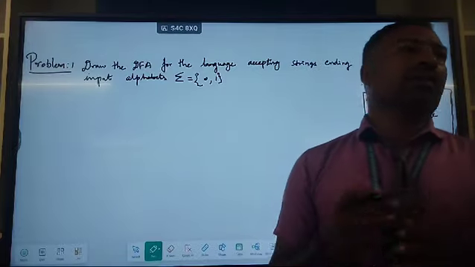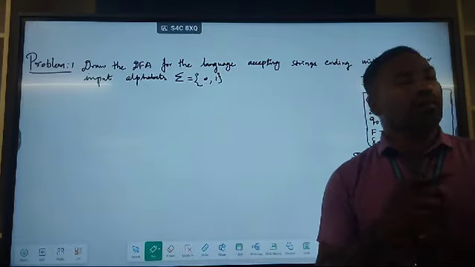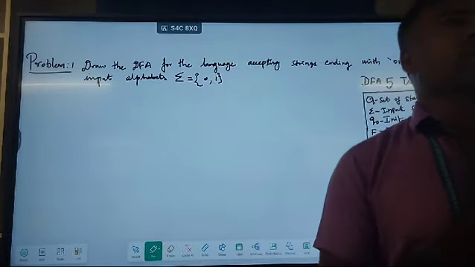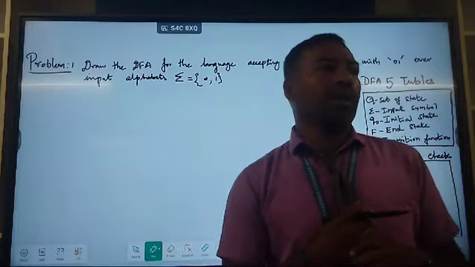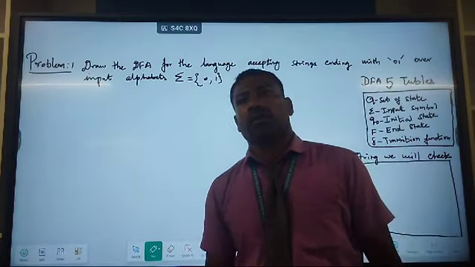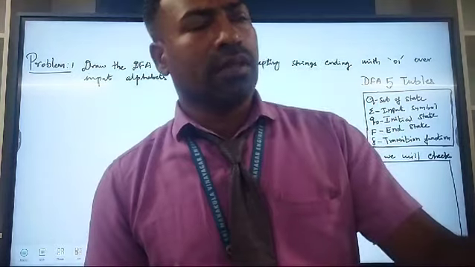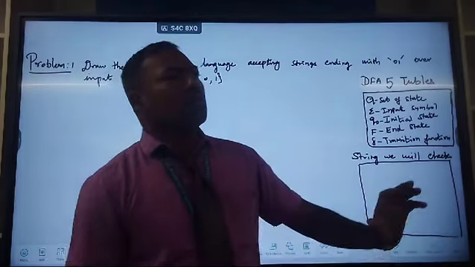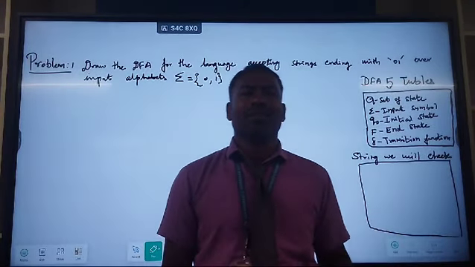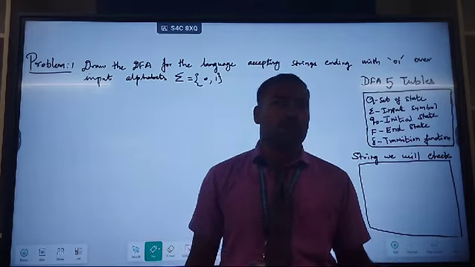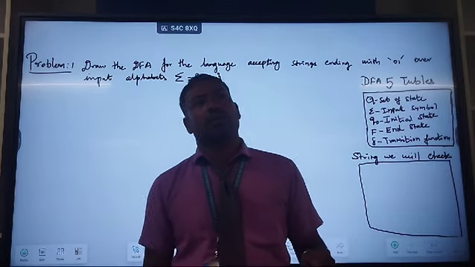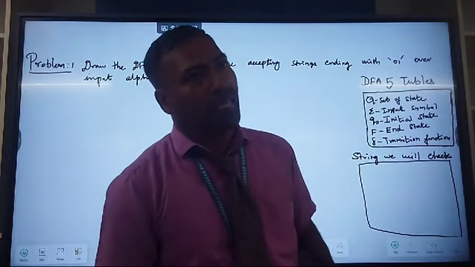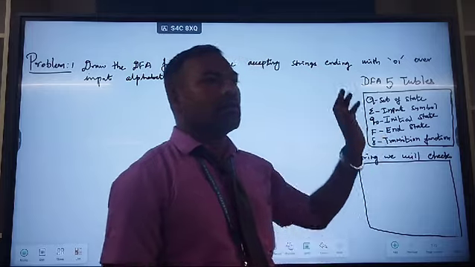After that we discussed finite automata in two types: DFA, deterministic finite automata, and non-deterministic finite automata. And what are the tuples included in the deterministic finite automata, that is the DFA, that we discussed in the last class elaborately.